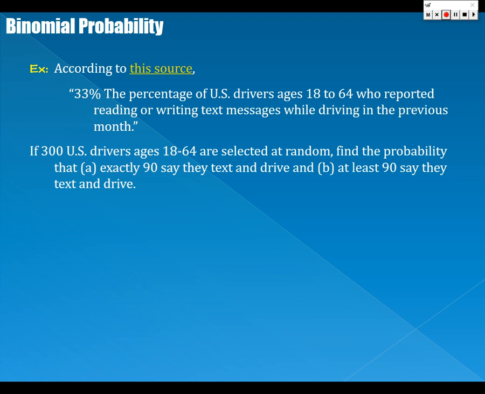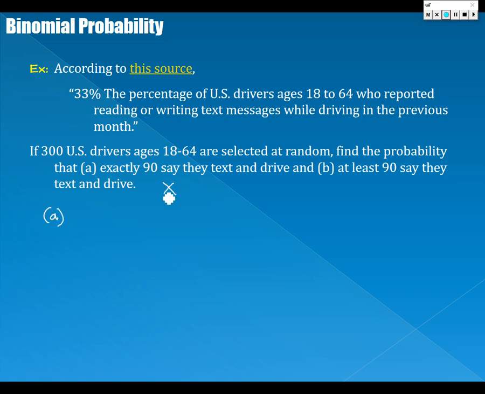I don't know where this number comes from. I would guess that it's higher than that actually, but 33% of drivers text or read texts while driving. Let's assume that that's true, including in the sample we've just taken of 300 US drivers. So find the probability, first of all, that A happens, that we get 90.